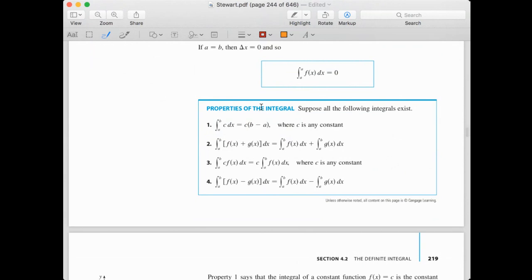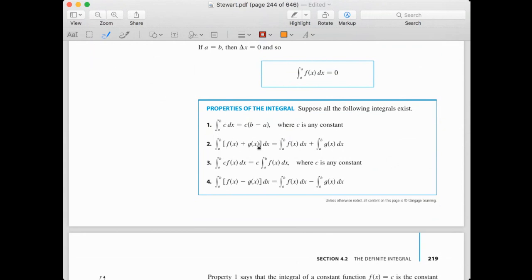The properties for limits stay true for integrals because the integral, in the end, is just a limit. We can factor out the scalar. If the integrand is a constant function, we can factor it outside, so that's just equal to c times (b minus a).